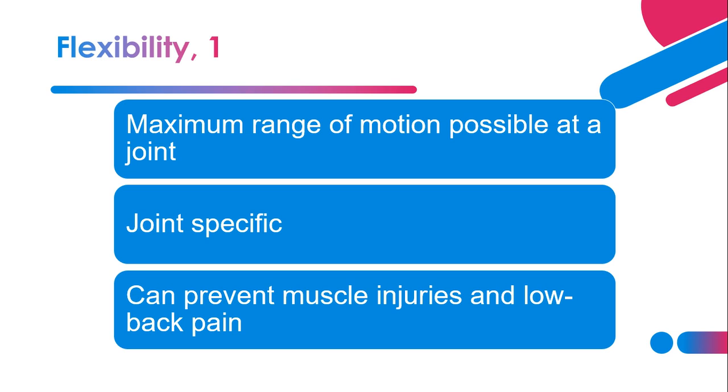When muscles are not used, they tend to become shorter and tighter, thus reducing the joint's range of motion. Flexibility is essential to performing everyday tasks and is also a critical component in the performance of many sport activities such as gymnastics, yoga, swimming, karate, and dance, which place a premium on flexibility.